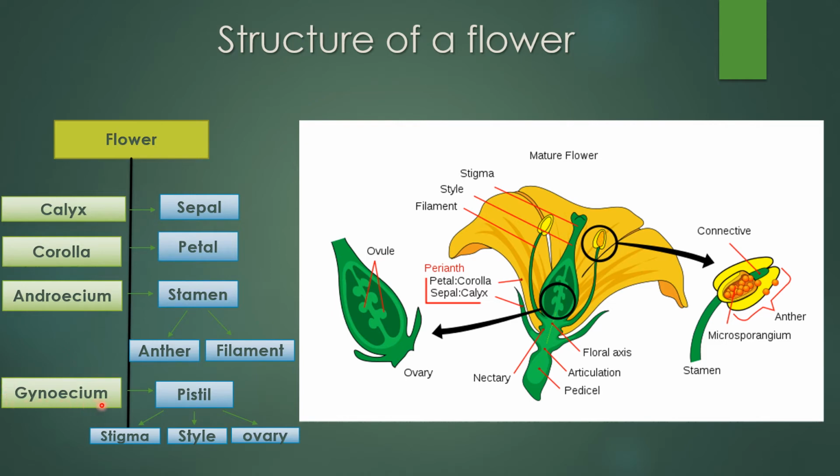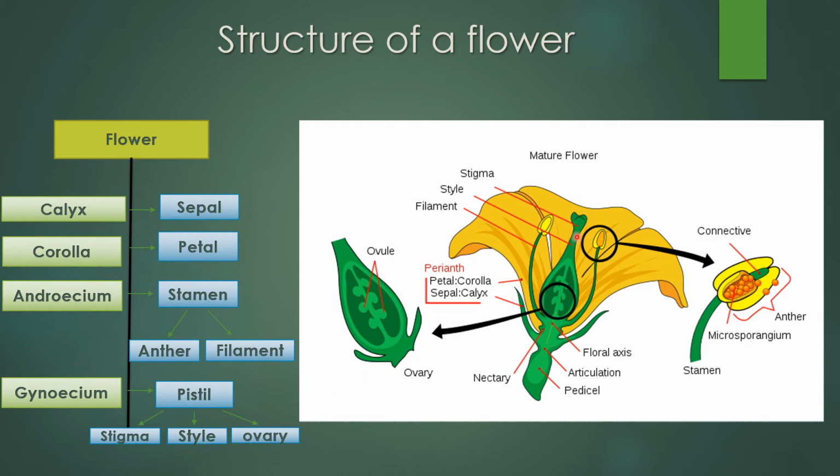Now it's the female part, and its unit is the pistil, and each pistil has 3 parts: stigma, style and ovary.